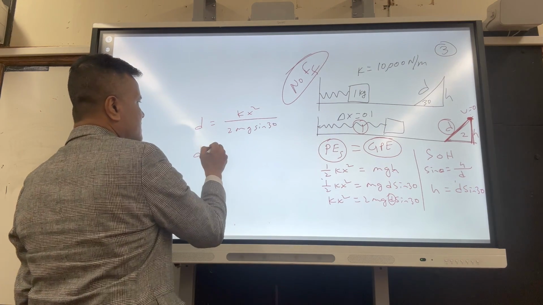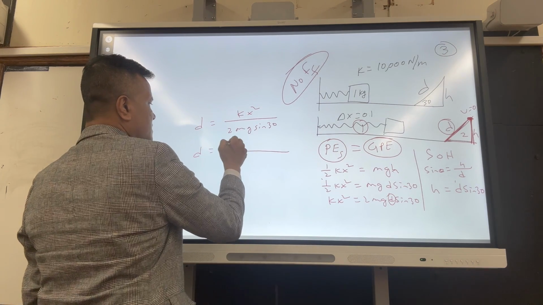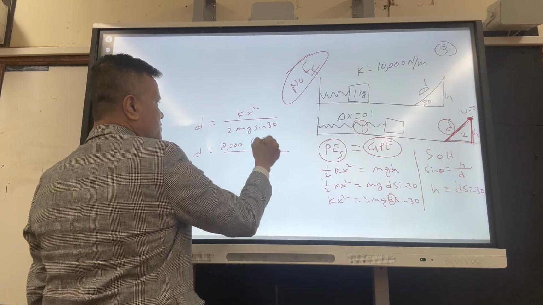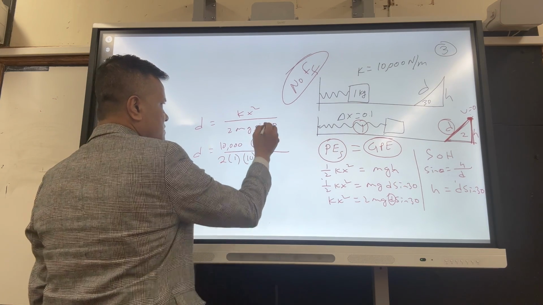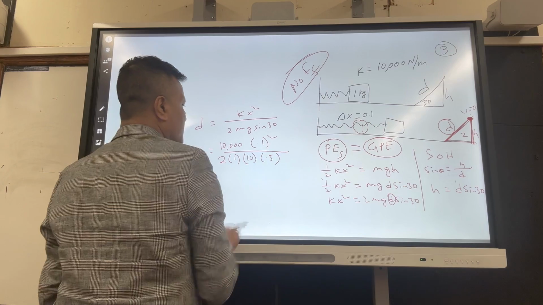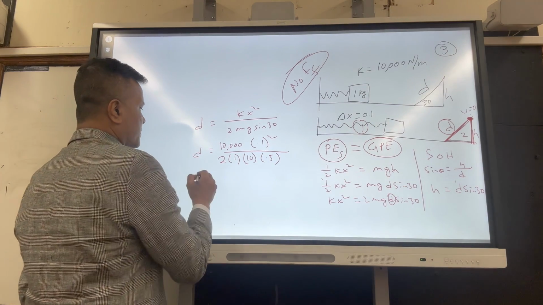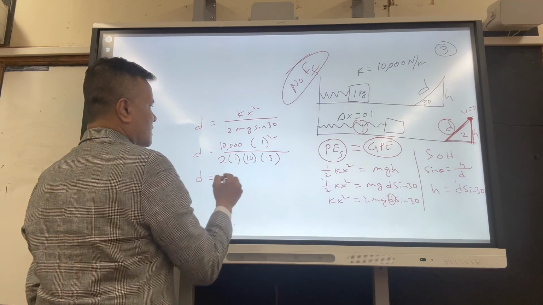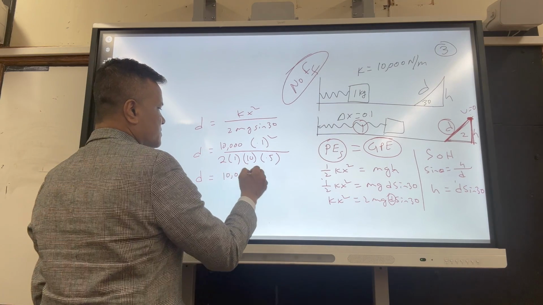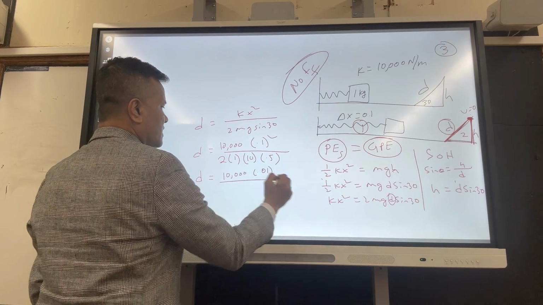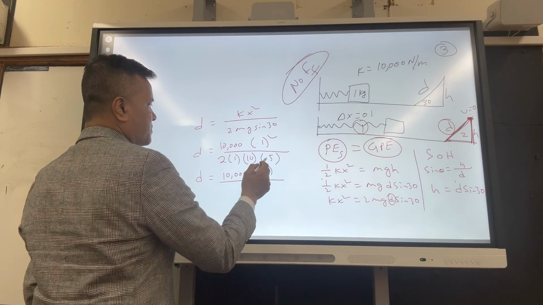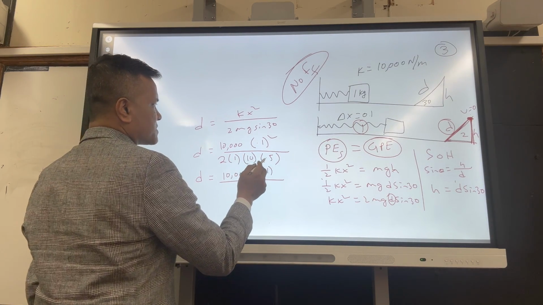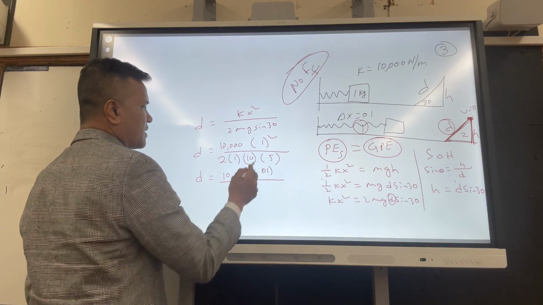How can it be easier than this? k is 10,000 times 0.1 squared. 2 is 2, m is 1, g is 10, sine 30 is 0.5. So now d is equal to 10,000 times 0.01, and here you have 0.5, because this is a half.